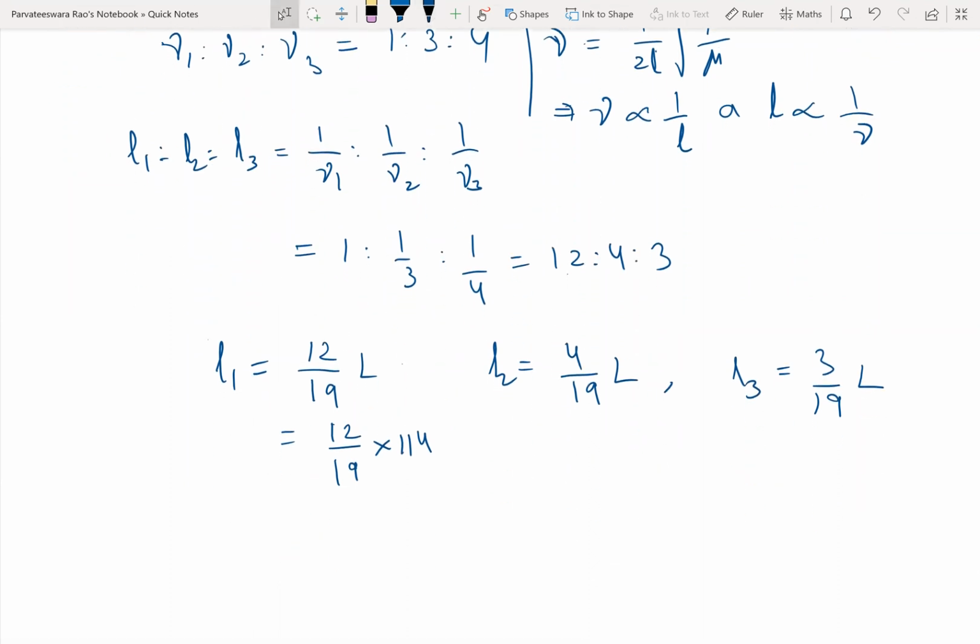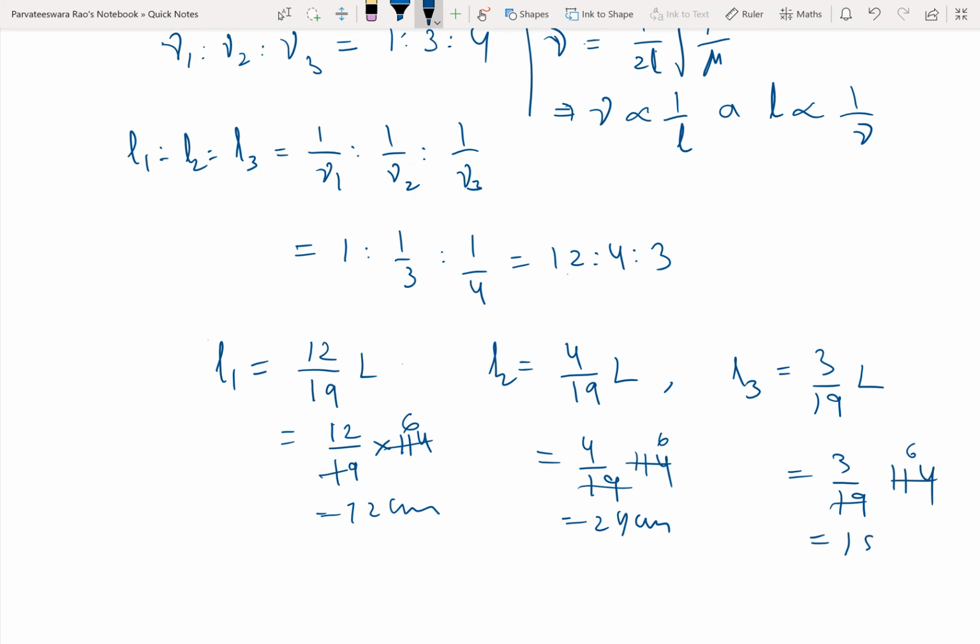I think 6 times, no? Yes, sir, 72 centimeters. And this is 4/19 into 114. So 24 centimeters. 3/19 into 114. So 18 centimeters.